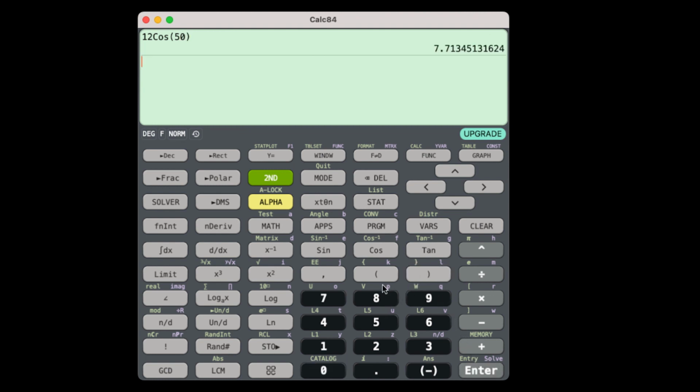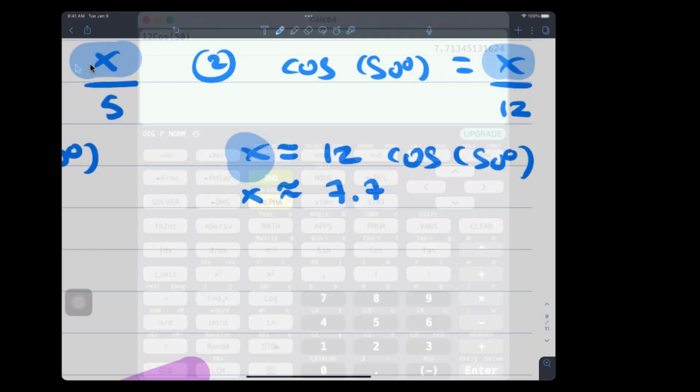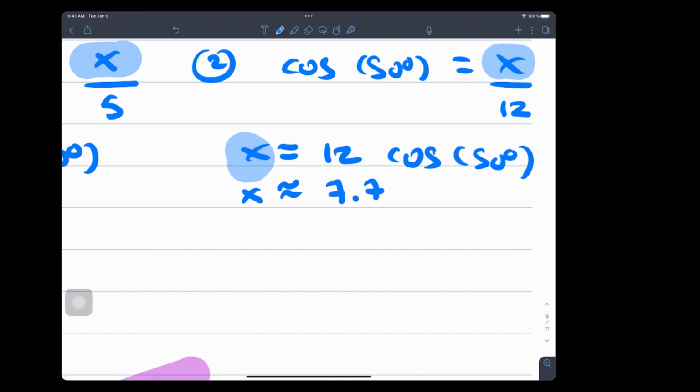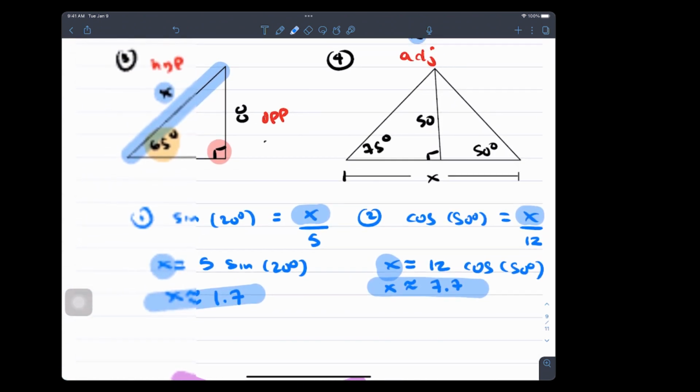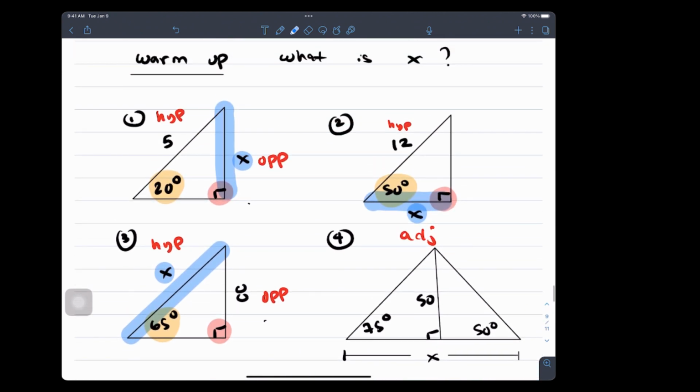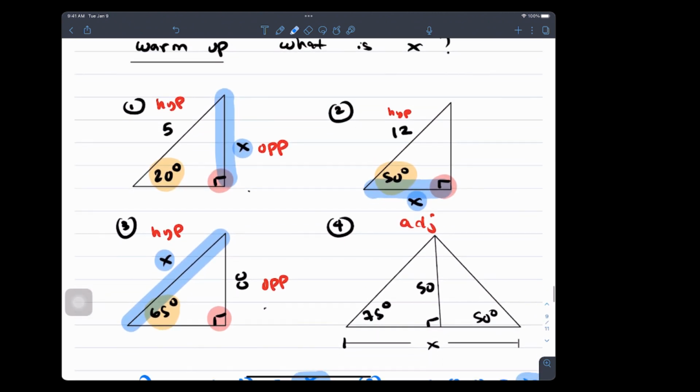What do you guys get now? What is x approximately? 7.7. Is that right? There you go. So you have 1.7, you got 7.7. Those are the distances for number 1, number 2 here.